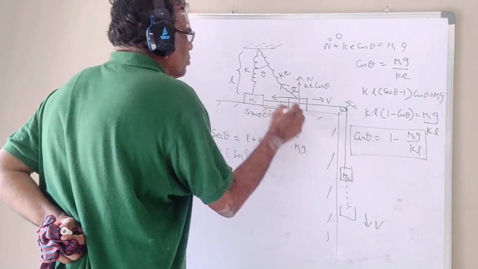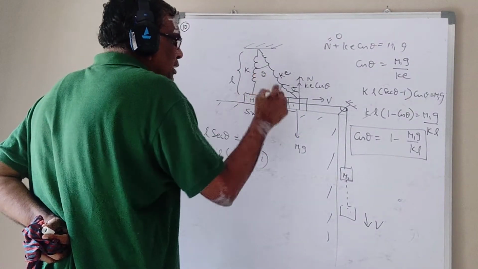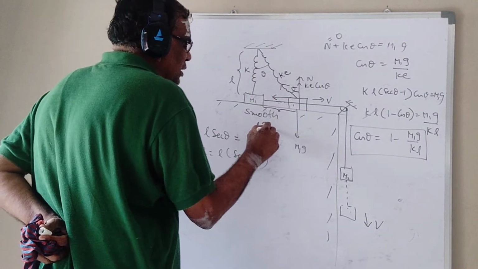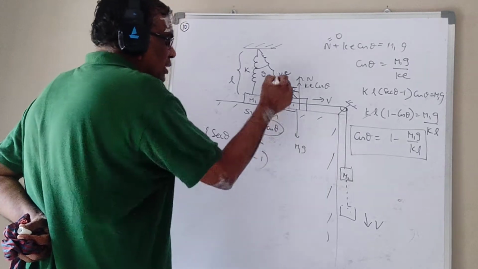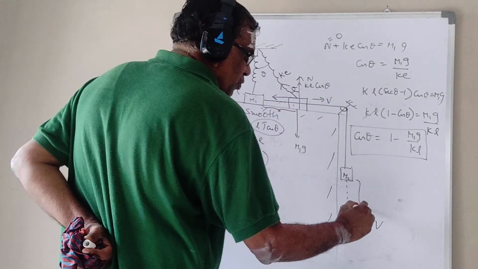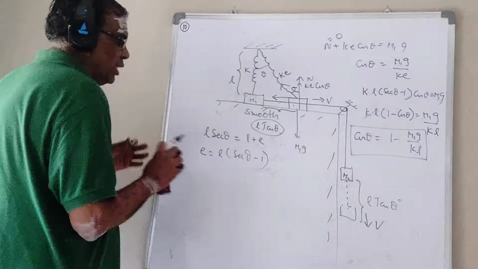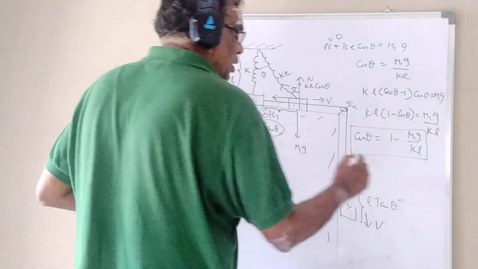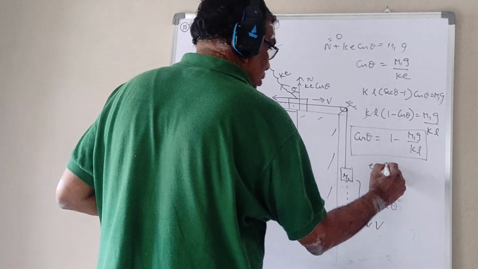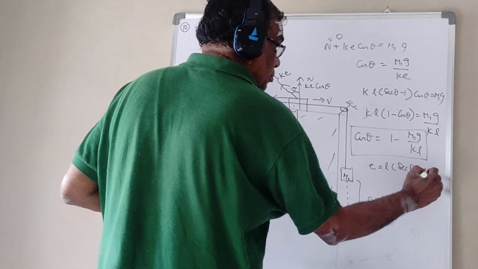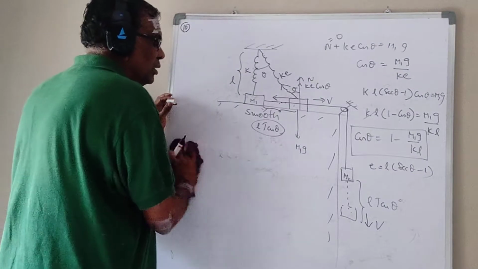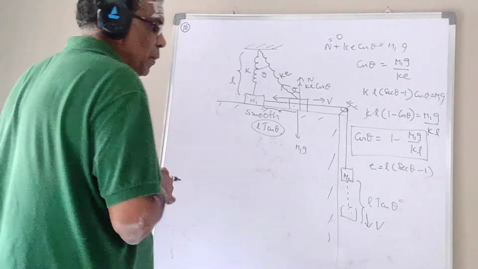So, this is the thing. If this is L, this is theta, this is L tan theta. So, this has fallen by L tan theta. You get my point?